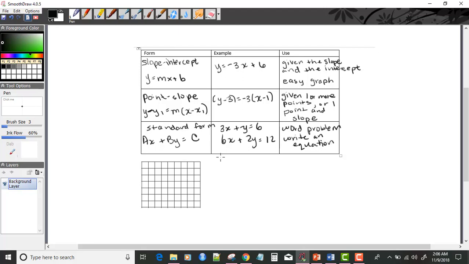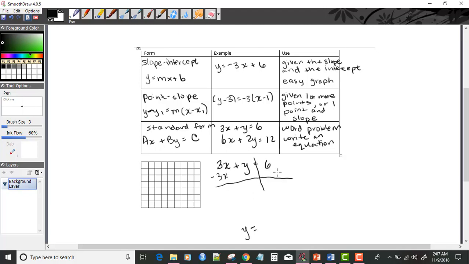So I want to show you how the three forms are actually equal. They're the same line. Let's start with standard form, 3x plus y equals 6. And I want to show that I can write this same line in slope-intercept form. In slope-intercept form, I want it to look like y equals, because here I start out with y, and then I have my x term plus an intercept. To have y by itself, I can do the inverse operations.